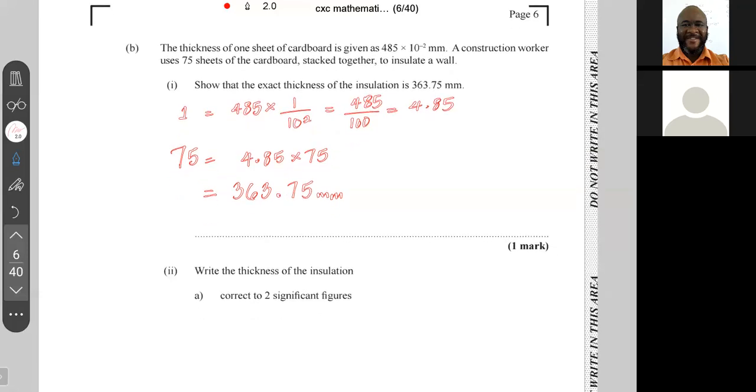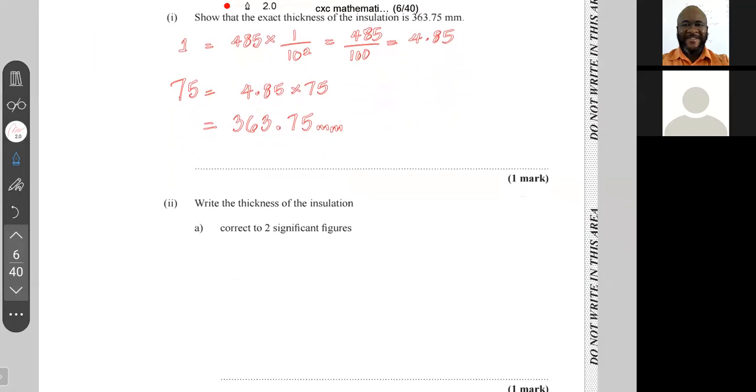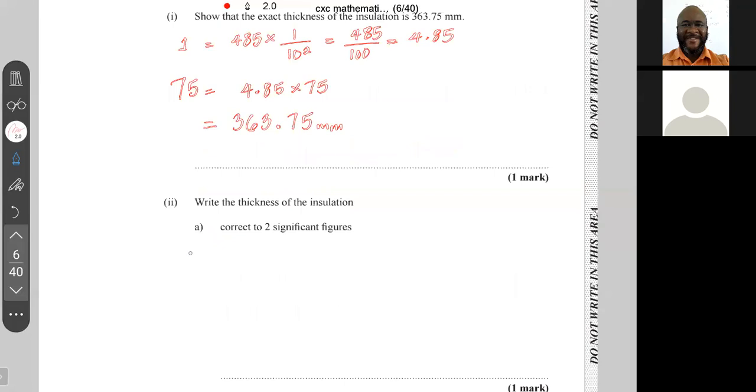We're asked to write the thickness of the insulation correct to two significant figures. So we need to write 363.75 correct to two significant figures.